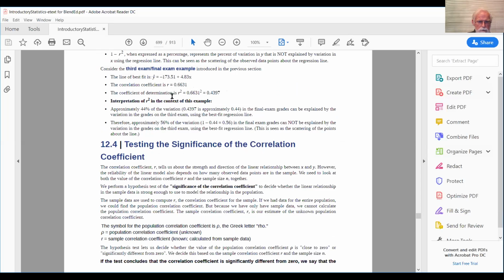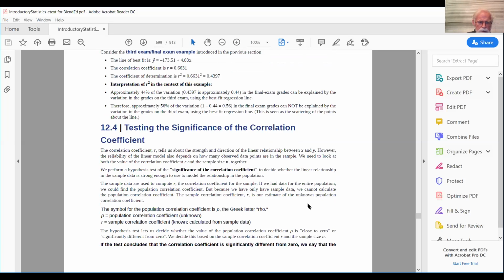The coefficient of determination is the square of that, which is approximately 0.44. So about 44% of the variation can be explained by variation in the third exam. Therefore, 56% of that variation cannot be explained by variations in that third exam.